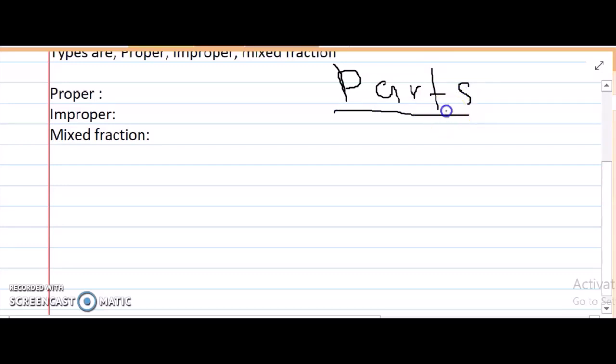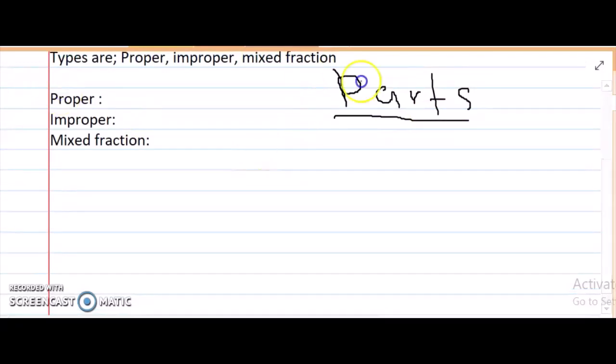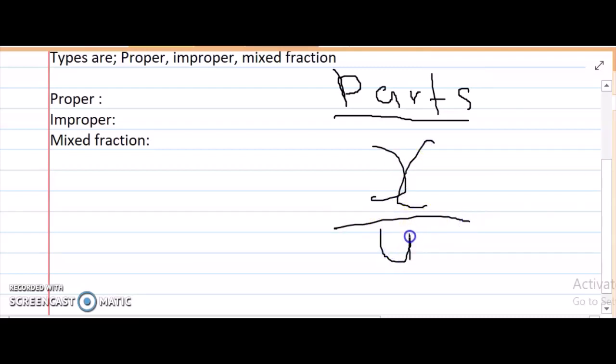Okay, so I think I talked a bit about the parts of the fraction, so I'm just going to do x over y for the example. I can actually put real numbers there. Maybe for you guys to understand more, I'm going to put 4 over 15.